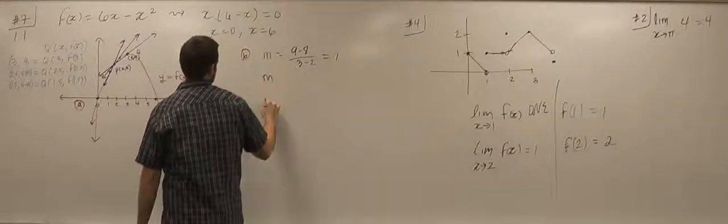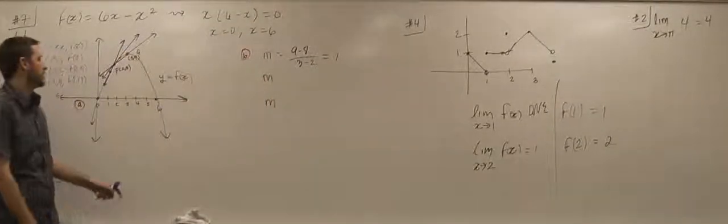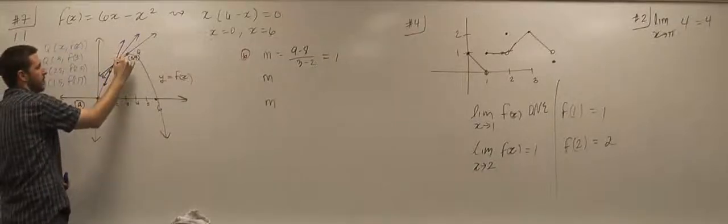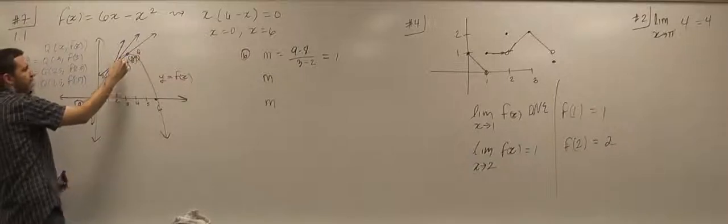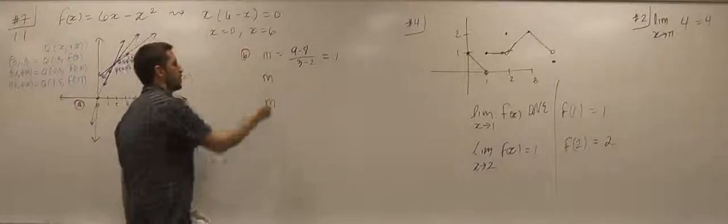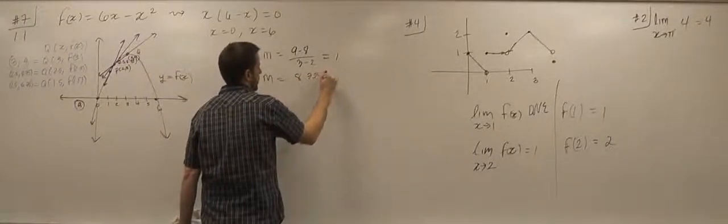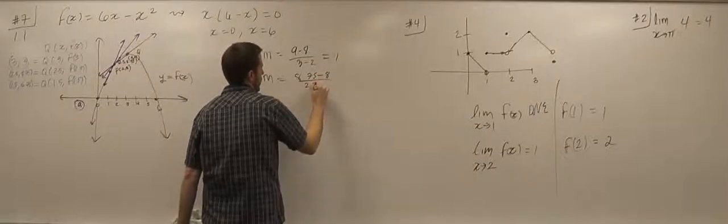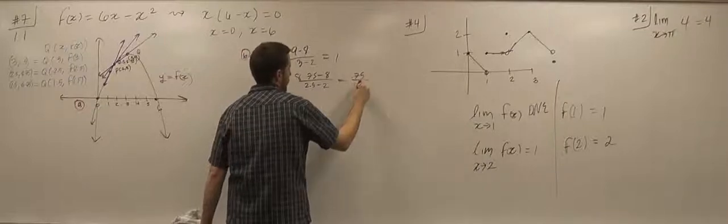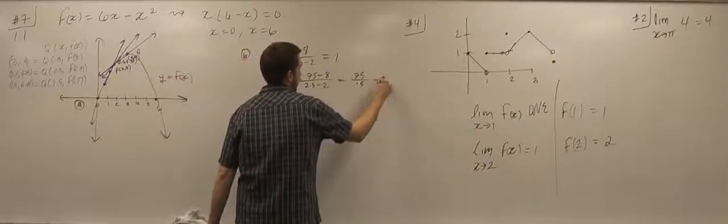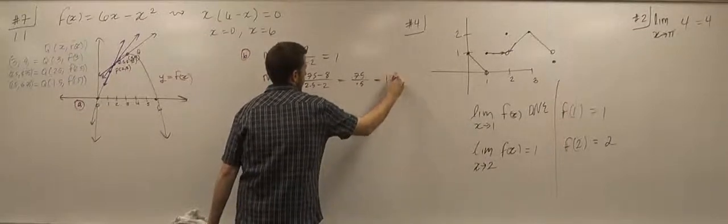And then you do that for each of the secant lines. So this one, because it was 2.5 comma 8.75, you would do 8.75 minus 8 and 2.5 minus 2. So 0.75 over 0.5. 1.5.